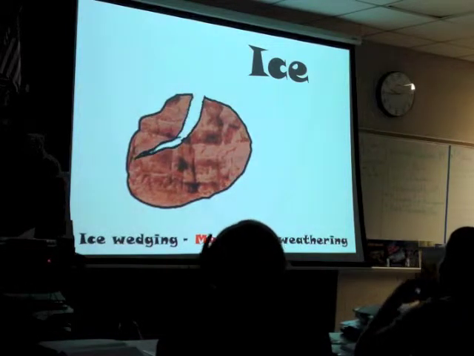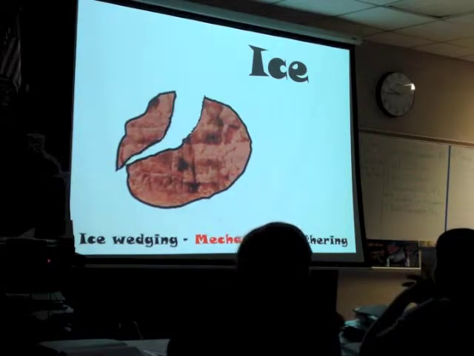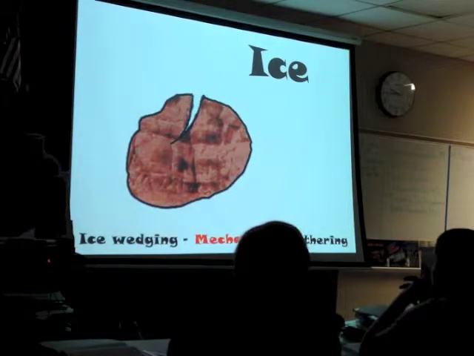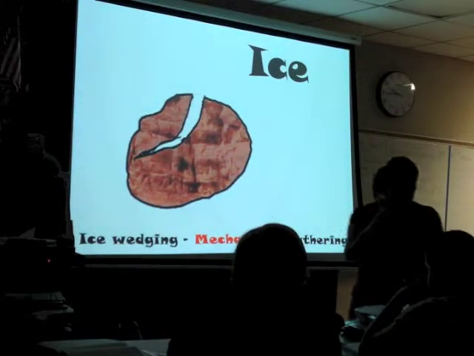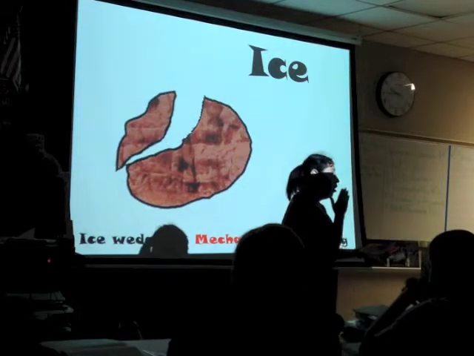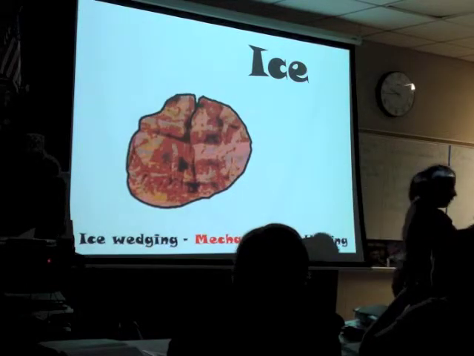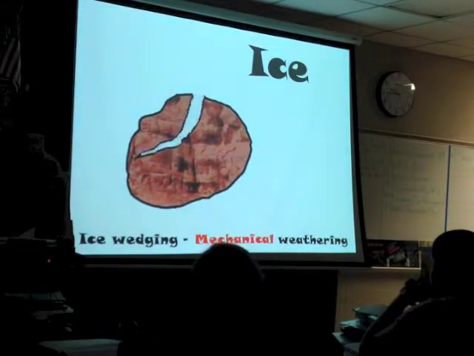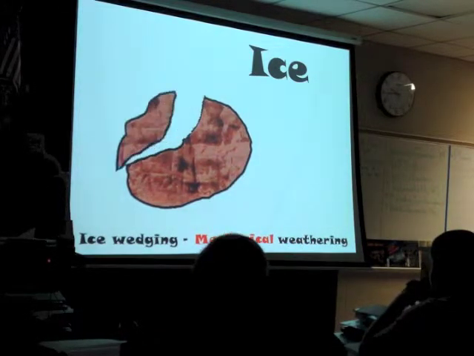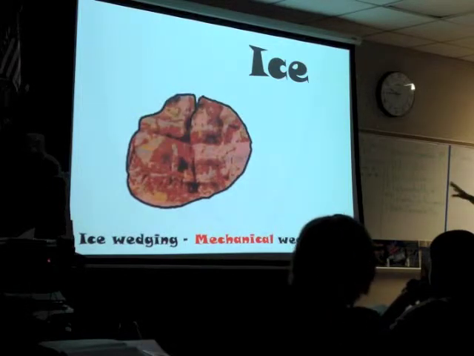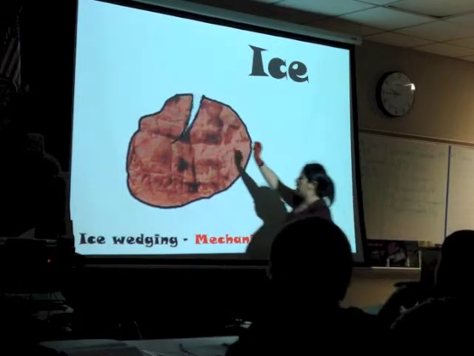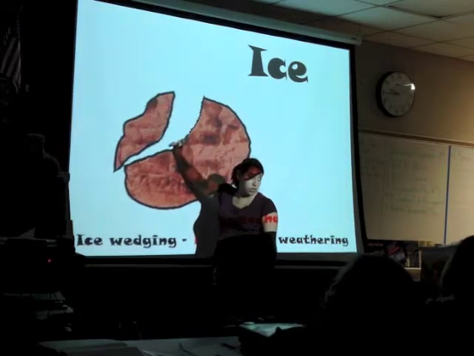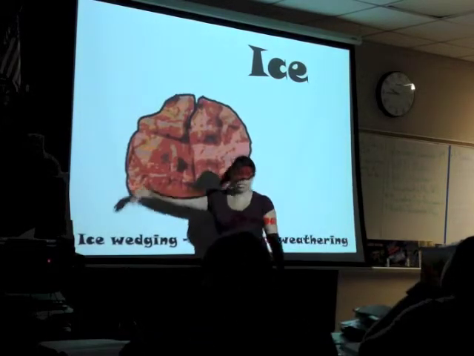It didn't explode because of gas. It exploded because the water got solid, and water in its solid phase expands because of the structure it takes. Therefore, it increased the pressure and exploded. What happens with ice wedging is you have water, it expands, and it makes that hole bigger. Then more water, it expands, makes that hole bigger, eventually breaking that piece off.